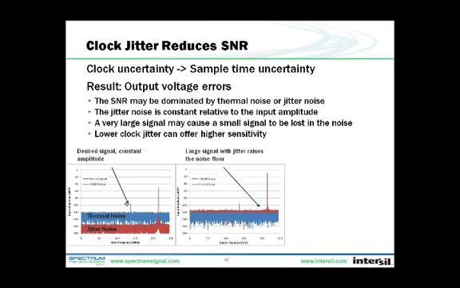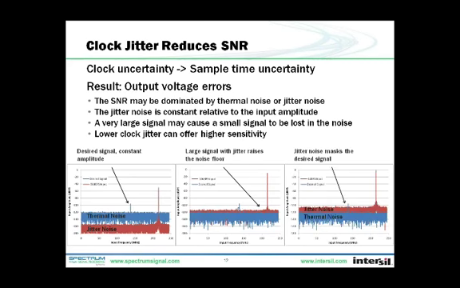So what's going to happen is as that large interfering signal increases in amplitude, you can see the jitter noise comes right along with it and will start to cover the desired signal. So now if we raise the signal even higher for our interferer, our desired signal will be masked by the jitter noise as it increases above the thermal noise, and we will no longer be able to recover that signal.